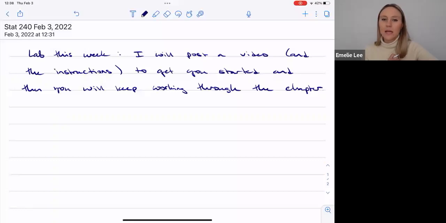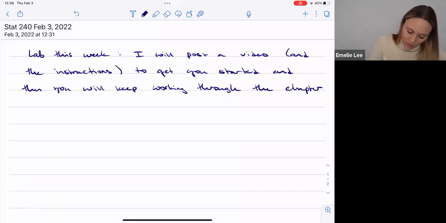Okay. And you are allowed to work in groups. I don't really care how large the groups are, unless I find that a group is 30 students, then I guess you can do that. That's fine, but I don't really see you gaining a lot from that. Like I said, you can totally do this alone, but it might be nice to work with other people.